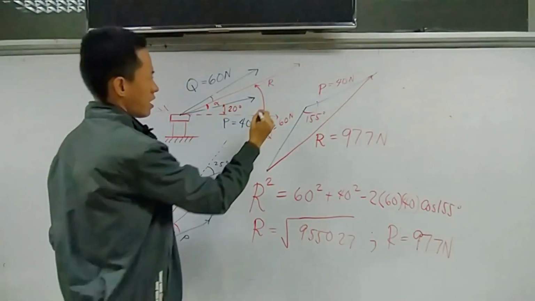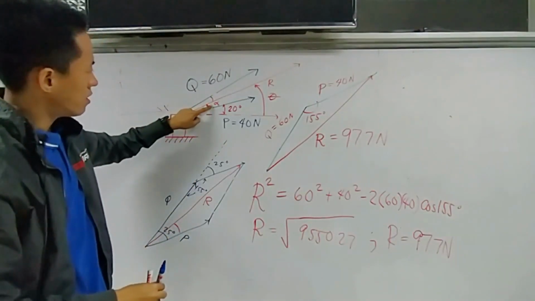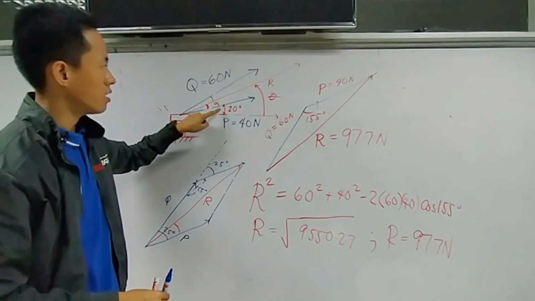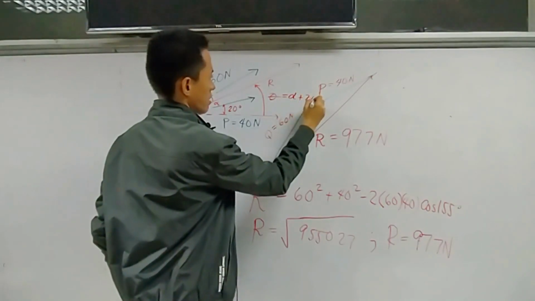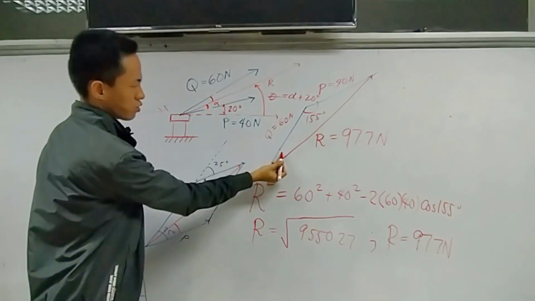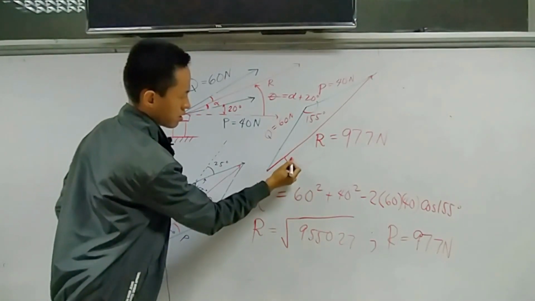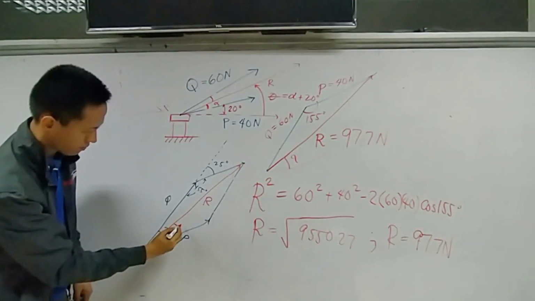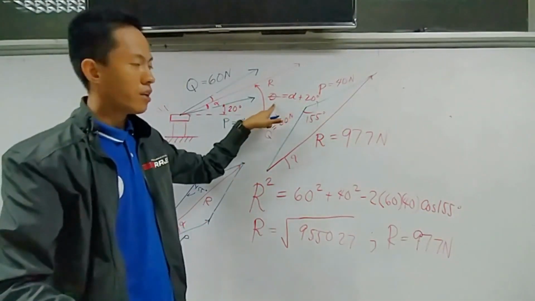So, let's say theta. Okay? So, theta is equal to alpha plus 20 degrees. So, yung nasa baba dito, here, that is your alpha. So, we need to find this alpha, and add 20, yan yung angle natin.